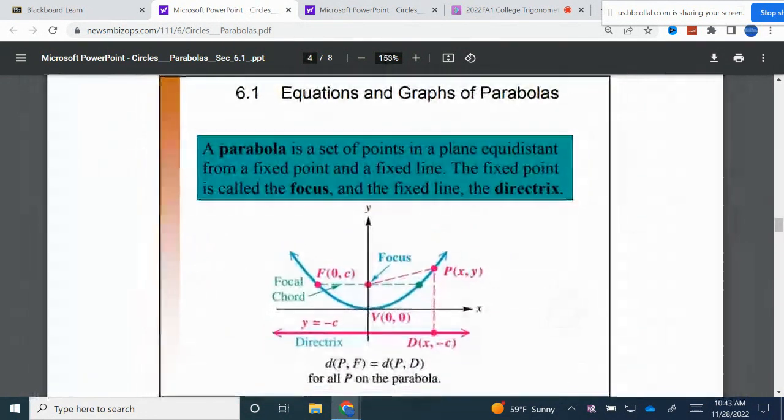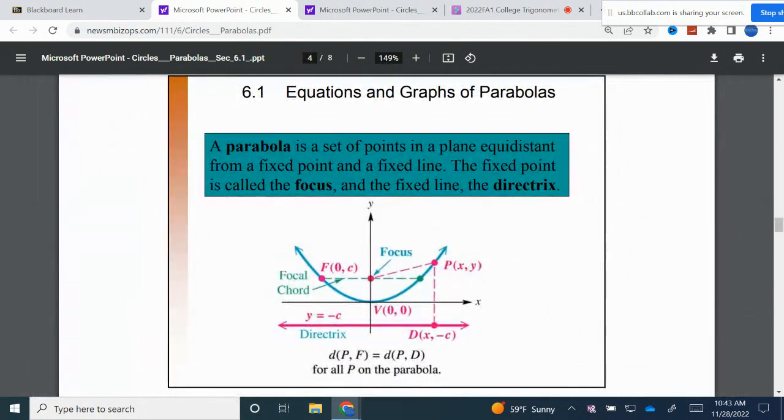And here is the definition of a parabola. A parabola is a set of points in a plane equidistant from a fixed point and a fixed line, right? So equidistance means that it's the exact same distance.